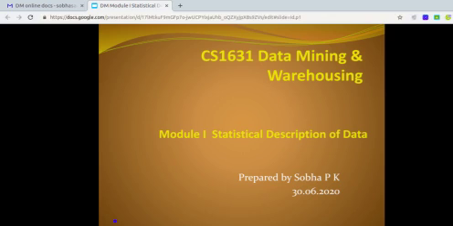So for representing a large volume of data, the usage of statistical techniques is very important for summarizing, analysis and other operations on data. So in this session we see what are the different statistical techniques used in data mining.